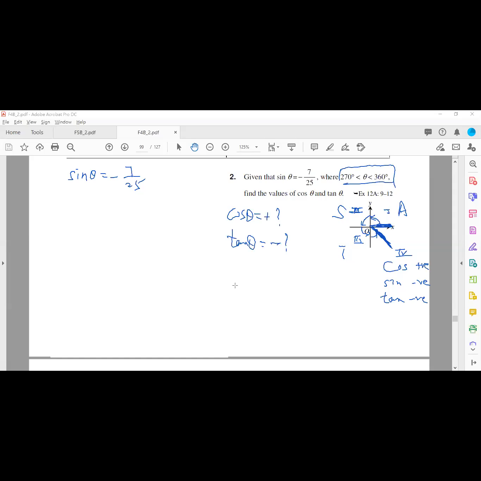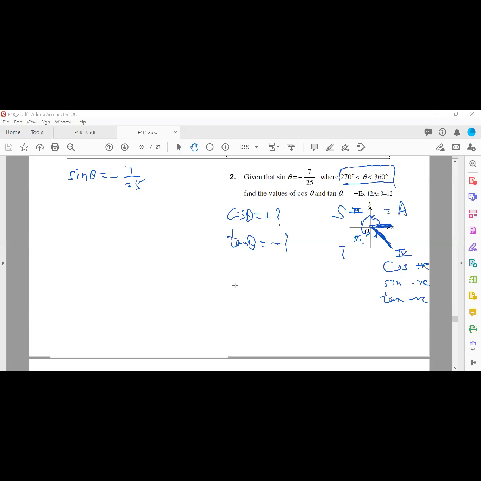Okay, our plan is like this. We need to find out the sign first, whether it is positive or negative. And then we need to find out the numbers, the fraction. And now we go back to sine theta equals negative 7/25. Note that the textbook does not teach it this way; it asks you to memorize many different cases. But here I will give you one method to memorize that works for every question.